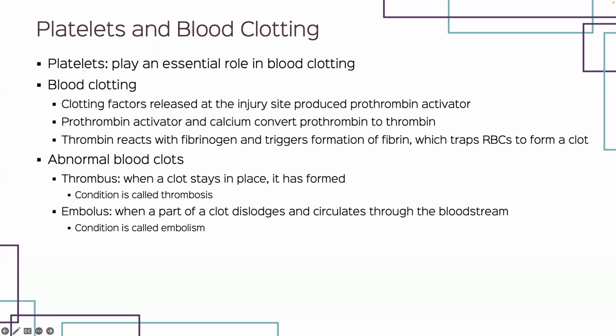When a clot stays in place where it formed, it is called a thrombus, and the condition is spoken of as a thrombosis. If a part of the clot dislodges and circulates through the bloodstream, the dislodged part is called an embolus, and the condition is called an embolism. For example, a clot fragment that lodges in the lung is known as a pulmonary embolism, which is a situation that can be fatal.